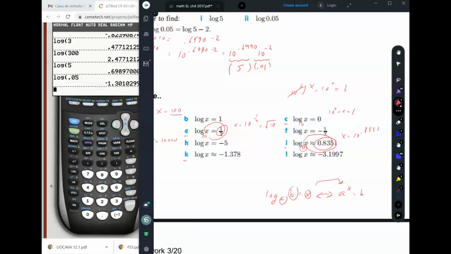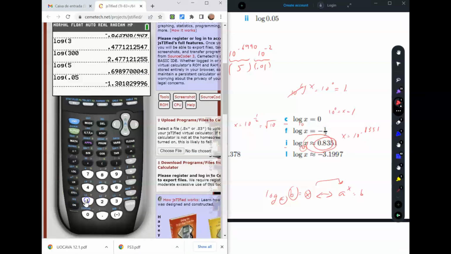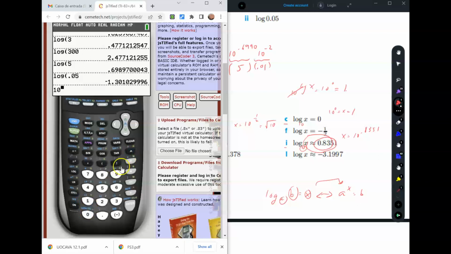Okay? If we wanted to find a representation of that, we could use the calculator to do 10 to the 0.8351. While I'm at it, I can find the square root of 10.